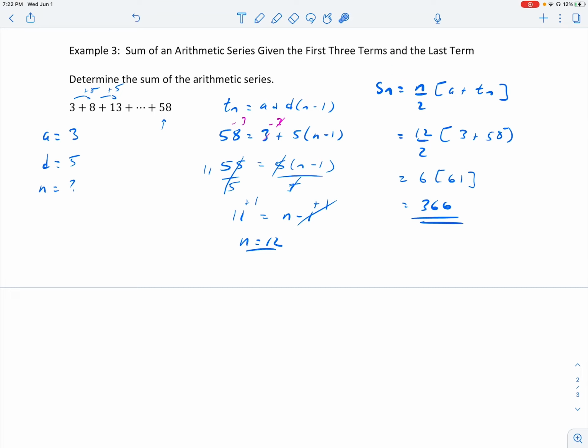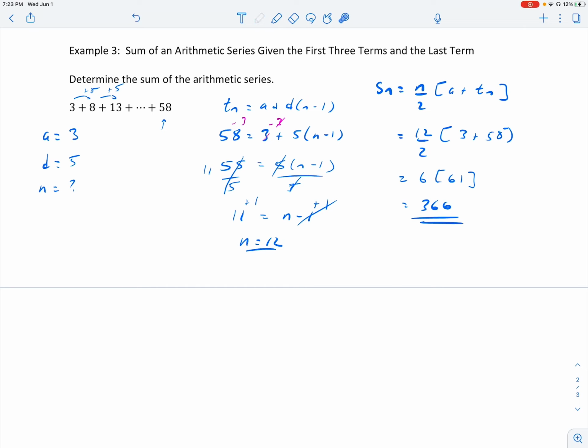But really, according to this formula, there's a shorter way. You can just add the first and last terms together to get 61. And then you multiply it by half the number of terms, which is 6. If you know how many terms there are and you know the first and last term, then this computation becomes really easy.